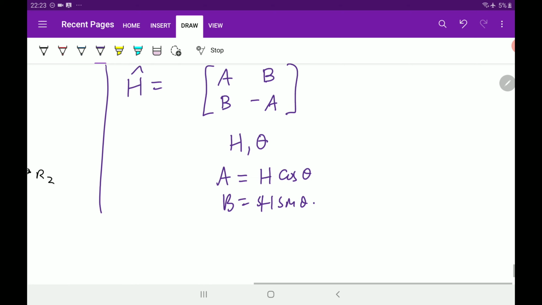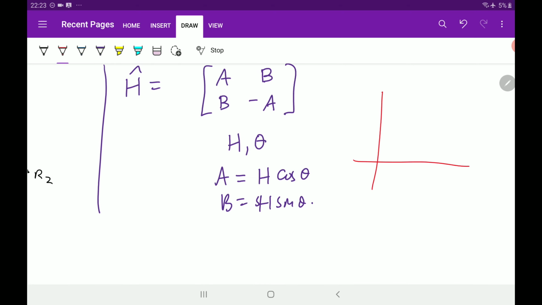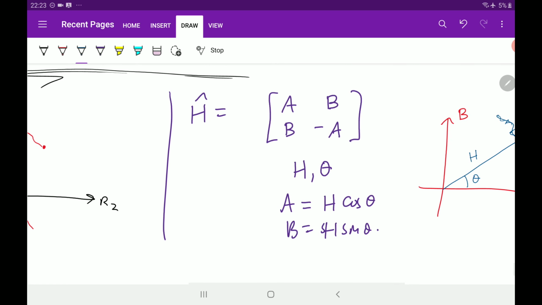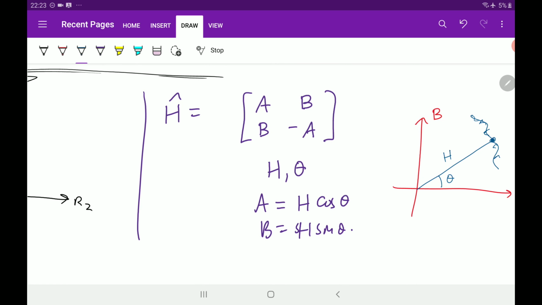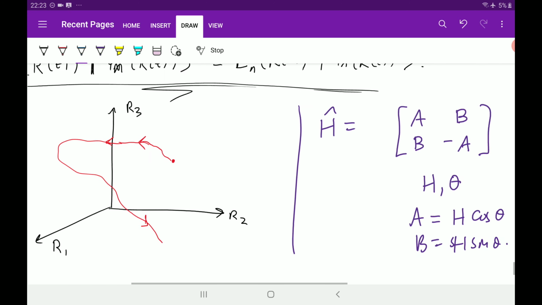So the way we imagine this in 2 dimensions is that the parameters would just be b and a, and this new polar point here would just be h, and this would be theta. And this would change in time, so you'd have a trajectory here. So this is what they mean by the Hamiltonian being itself kind of a vector.